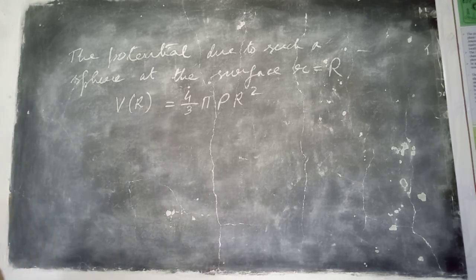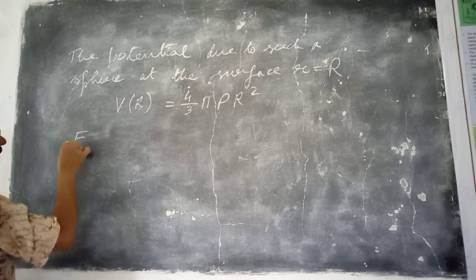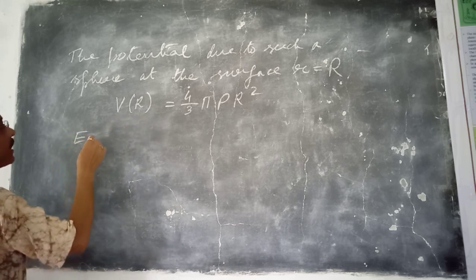Now the electric field intensity, which is the negative gradient of this potential.